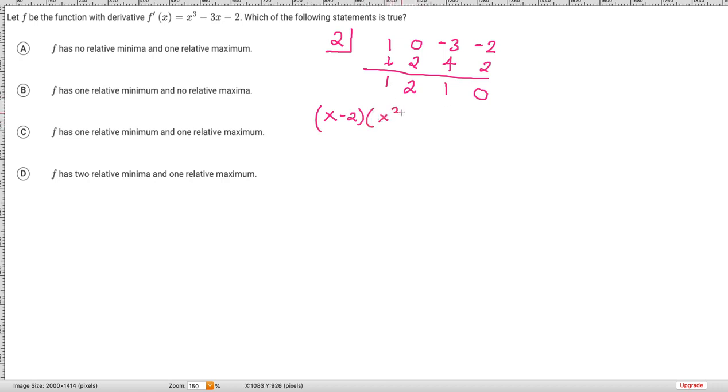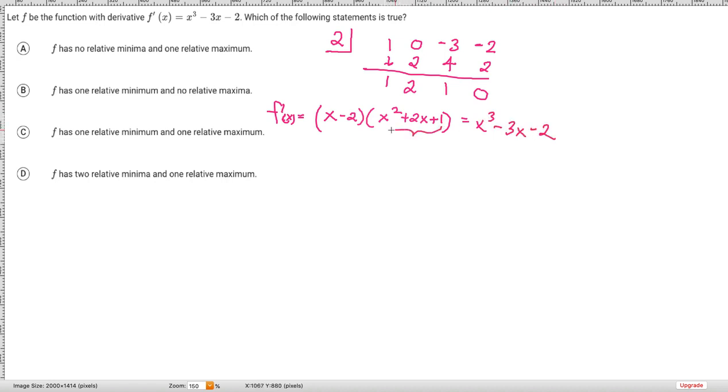This is x squared plus 2x plus 1, and it's equal to this f prime of x, which is x cubed minus 3x minus 2.